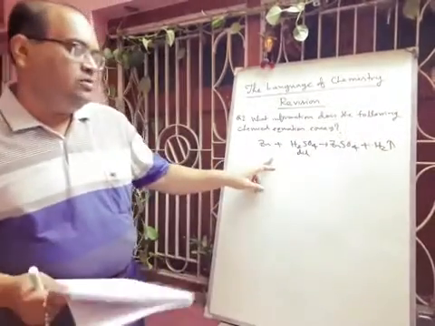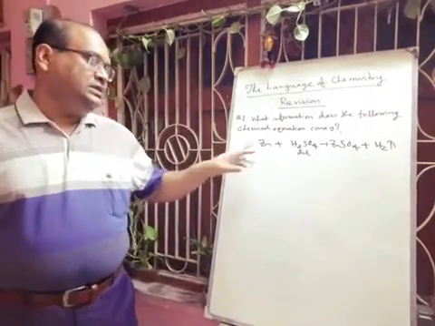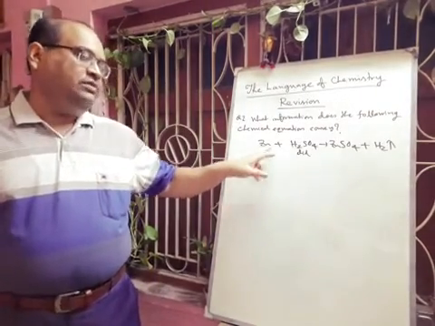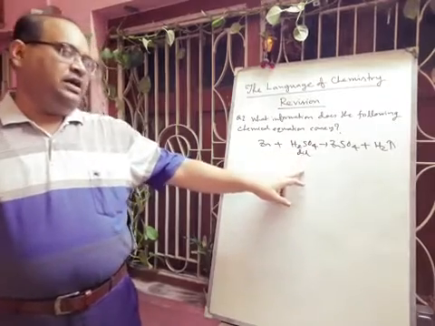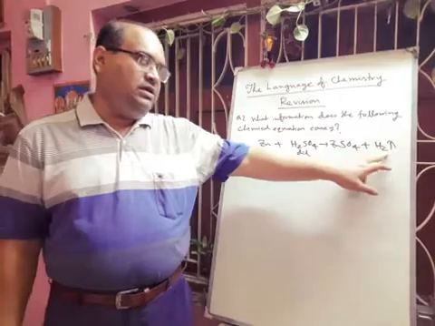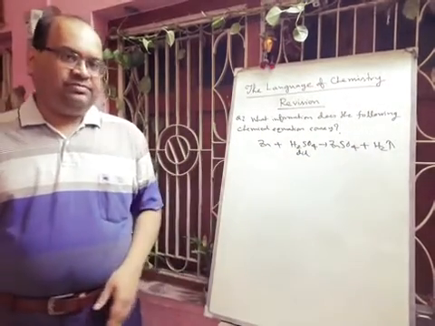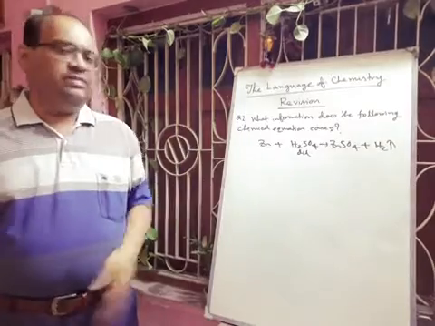First, the qualitative information: zinc is a metal that is reacting with dilute sulfuric acid and forming zinc sulfate, and there will be formation of hydrogen gas. So this is the qualitative information.